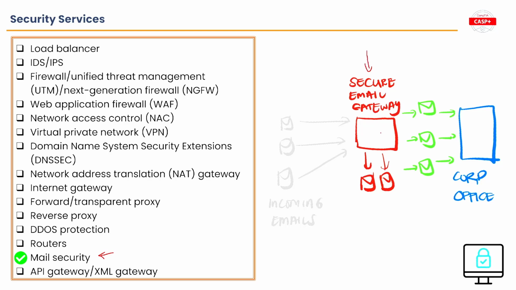Then, whatever the policy is, some emails like spam will be dropped, and allowed emails that comply will be sent to the corporate network. That's the function of a secure email gateway. For Cisco, they have what we call ESA, or email security appliance. Cisco ESA is their secure email gateway product.